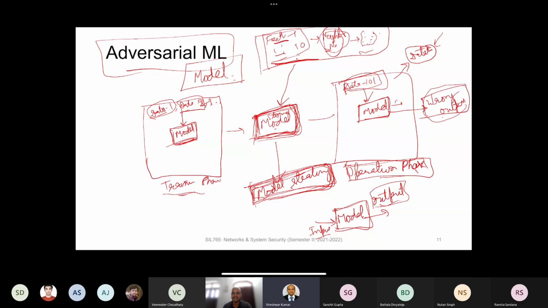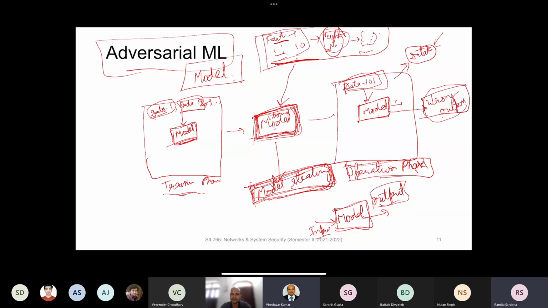This is a completely different area where machine learning is being utilized, and people have come up with what can go wrong in these machine learning algorithms when they are utilized in real world environments.